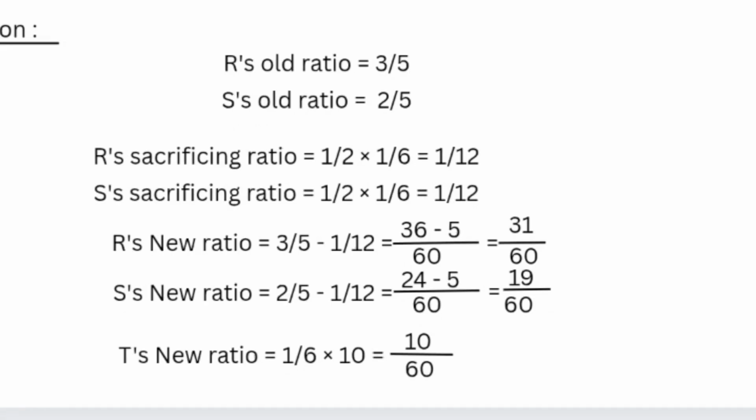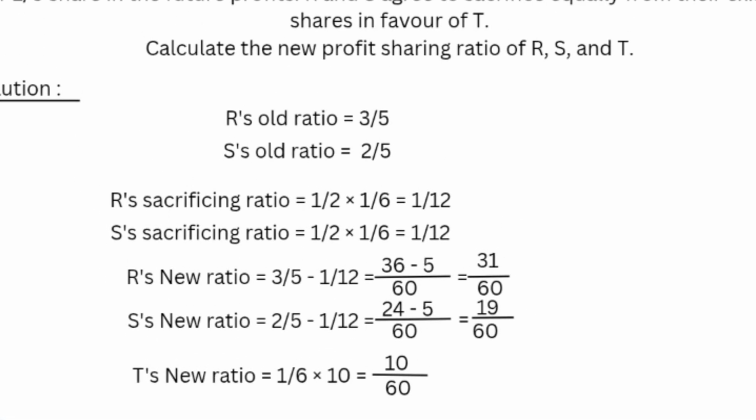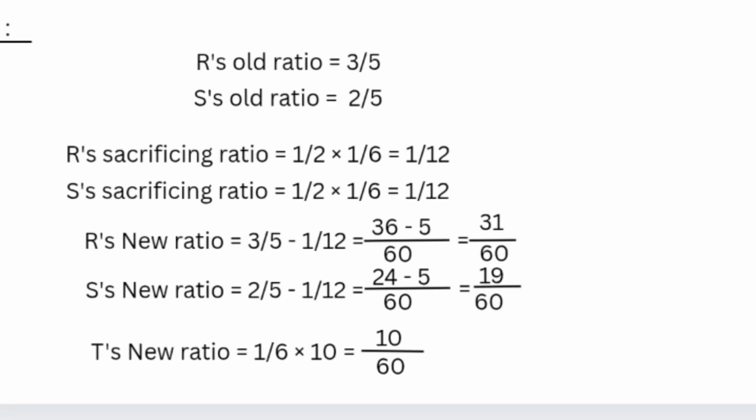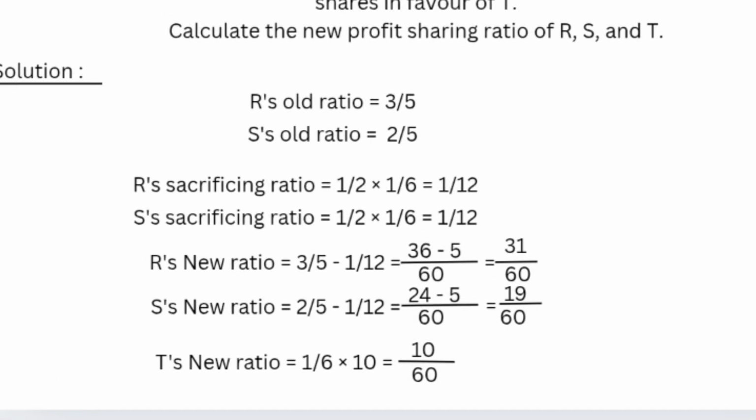Our sacrificing ratio is 1 by 2, because they sacrifice equally, into 1 by 6 that we get from the new partner, because of the share that the new partner brings. So we have to multiply the old partners' sacrifice share by the new partner's share, 1 by 6, and we'll get 1 by 12 from both partners.